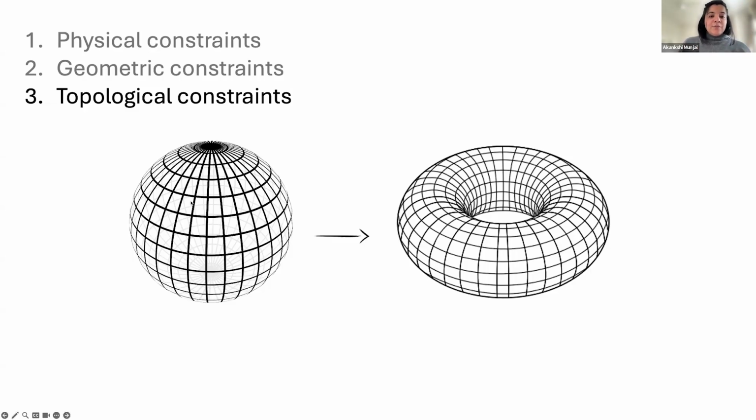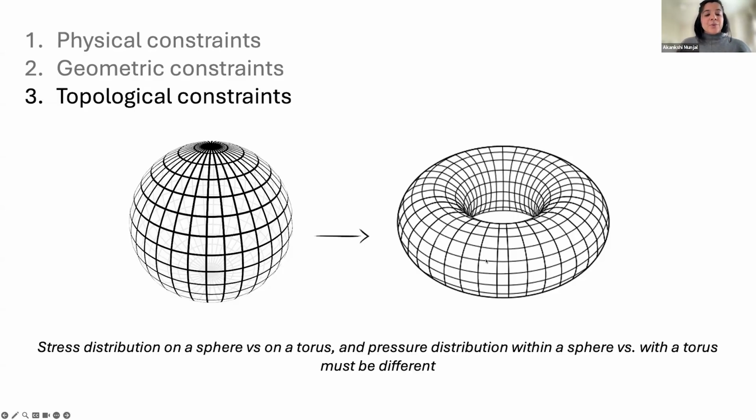So if you have, for example, a spherical shell, let's say it has uniform material properties. If it has fluid within, the pressure is balanced symmetrically across the surface, and now it undergoes a topological transition into a torus. If nothing else changed during this process, you can still imagine that the pressure within is going to change because it's in a torus.